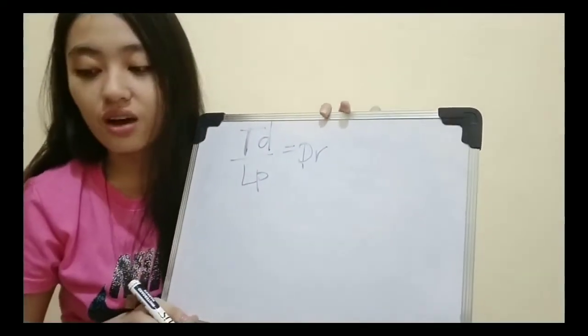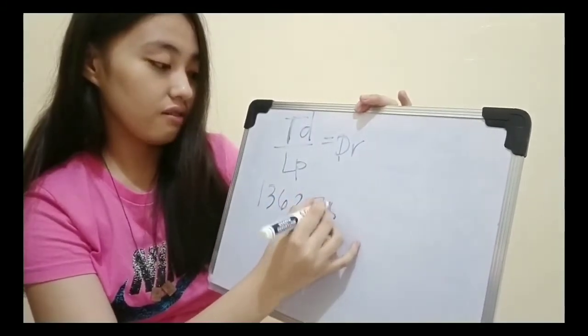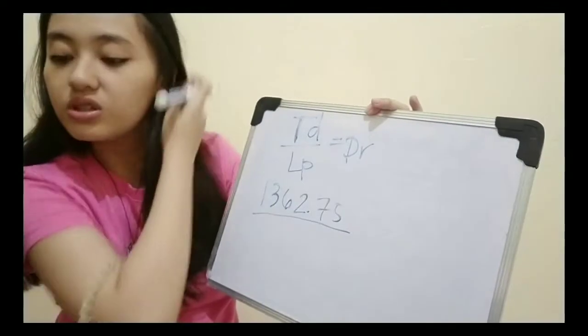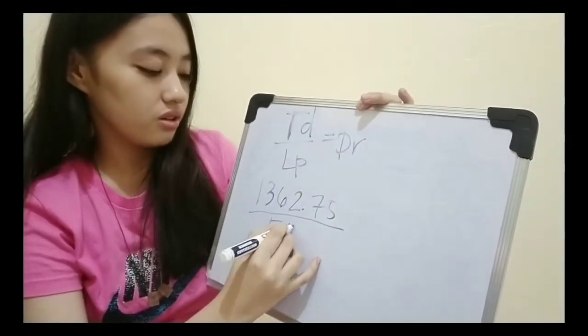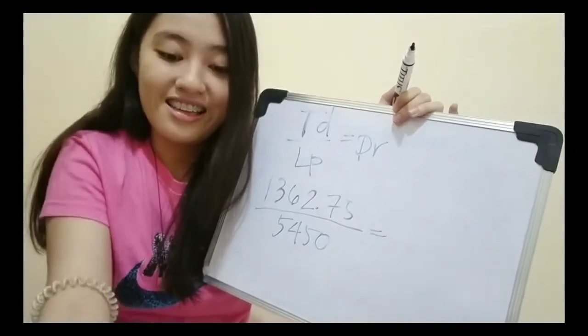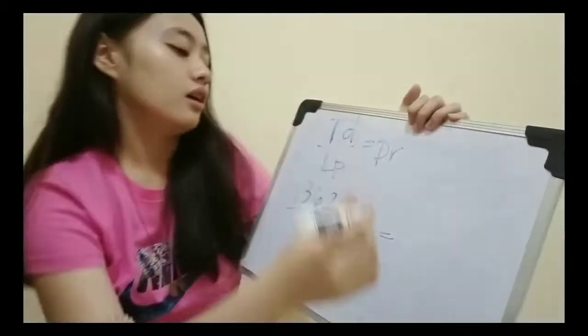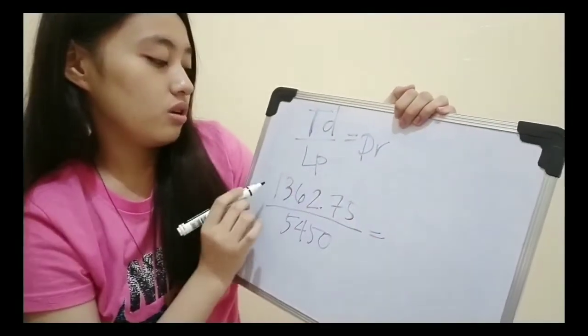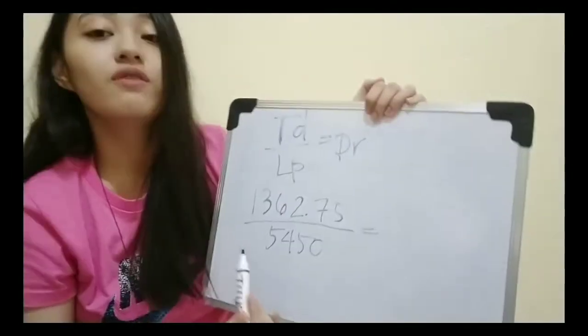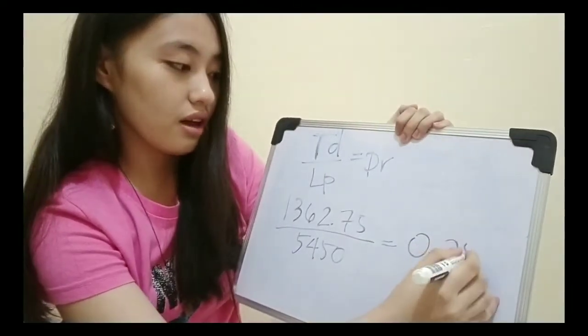So, dahil nakapag-derive na tayo ng formula, i-substitute na lang natin yung values na meron tayo. Yung trade discount na nakuha natin ay 1,362.75 over yung list price, which is 5,450. I-divide natin. So, we're gonna need the help of our calculator. So, nakompute ko na, and it says that 1,362.75 divided by 5,450 is equal to 0.25.